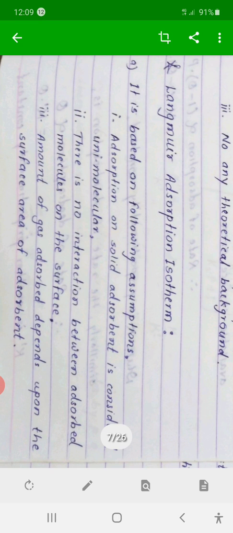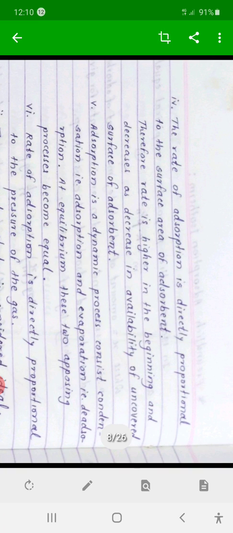Third, the amount of gas adsorbed depends upon the surface area of the adsorbent. The rate of adsorption is directly proportional to the surface area of the adsorbent.